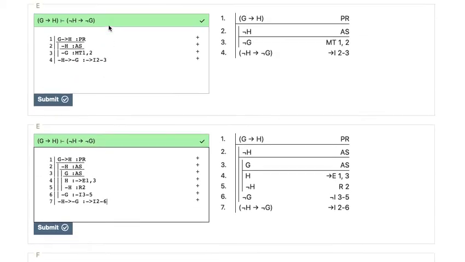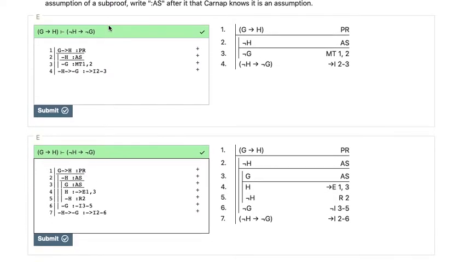Now, if we compare these two proofs, the first one where we notice the modus tollens rule, modus tollens is a derived rule, so if you don't notice it, you can always prove provable claims without it. And the second one, where we didn't notice the modus tollens rule and instead used negation introduction, they're both perfectly legitimate answers.